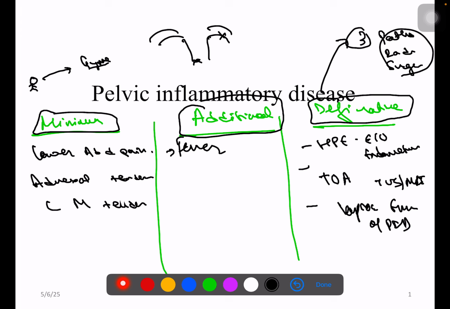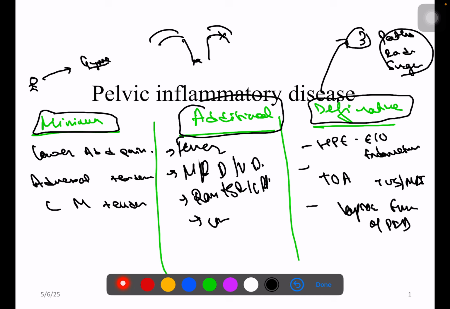No, she'll say I'm having some hot sensation, and I don't know what has happened to me. I just have the lower abdominal pain. Now she says that she's having some discharge. That is a mucopurulent discharge, which is some vaginal discharge, right? She's having raised ESR and CRP. Now this you will find out.